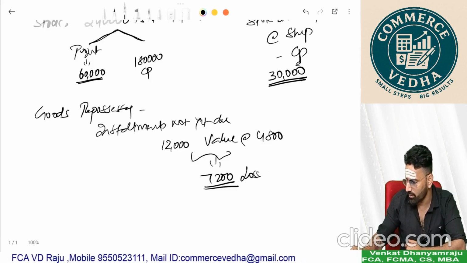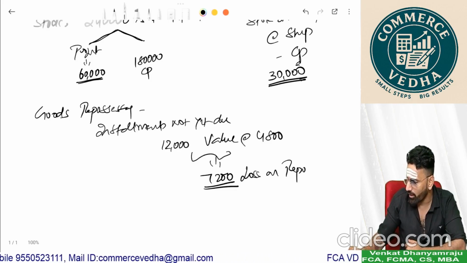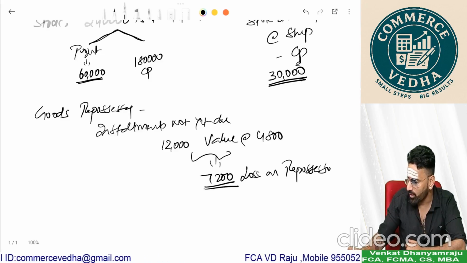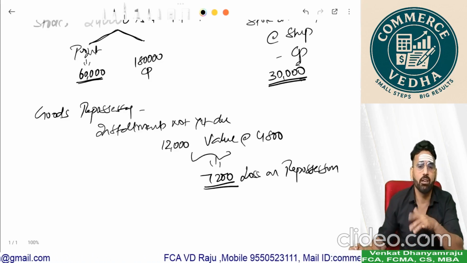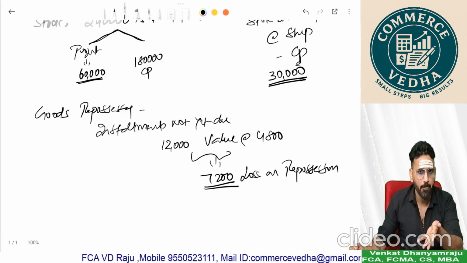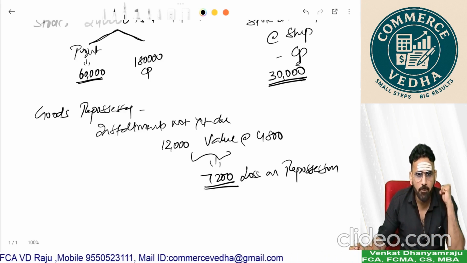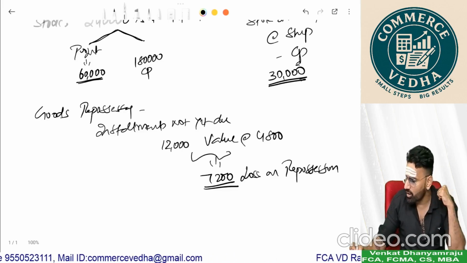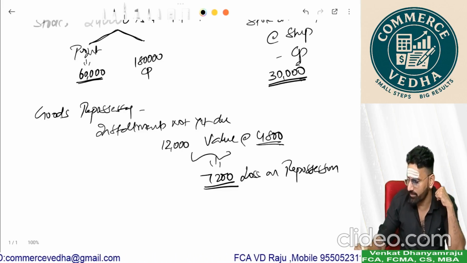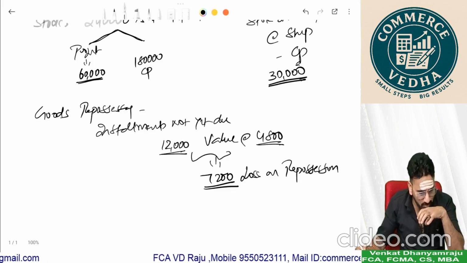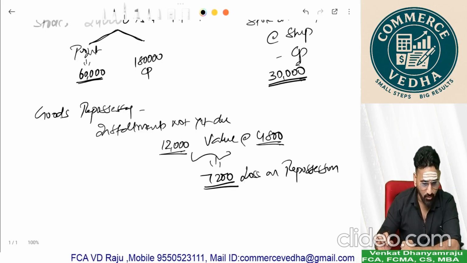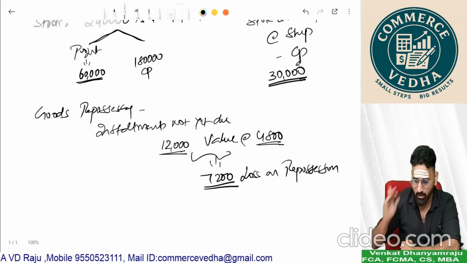Loss on repossession. Why do you repossess? Because that particular customer didn't pay the EMI. So you need to take back the stock, but the stock is valued only at 4,800, but originally you put it at 12,000. So there is a loss of 7,200. That also we should remember.